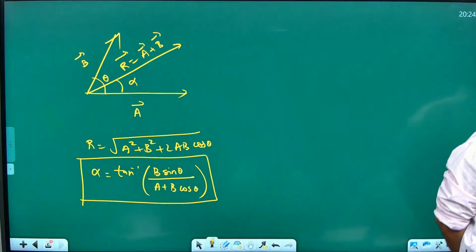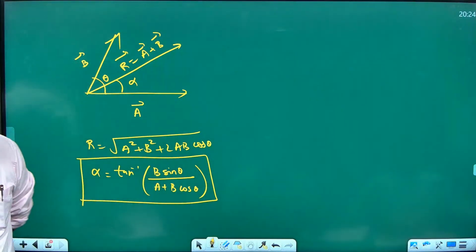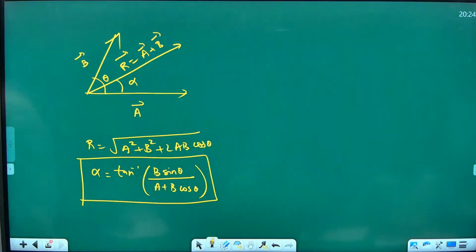Question is simple. Just think for a while to get the answer. Direction also, read the question. Magnitude as well as direction, both. Should we draw the diagram? Shall I draw the diagram? Karthikeyan, for you? No, sir. Without a diagram you cannot understand the question itself, so you should draw the diagram.